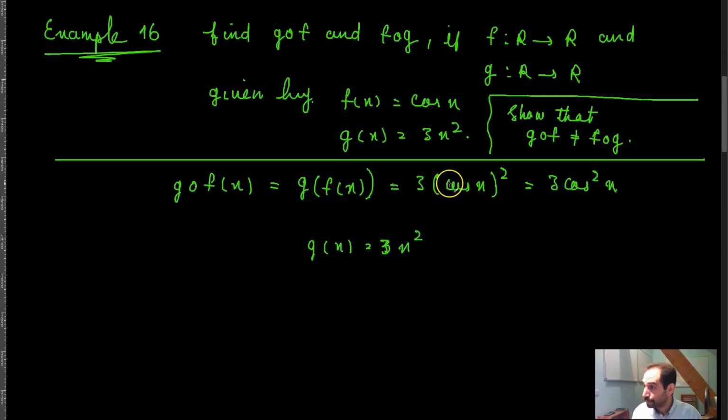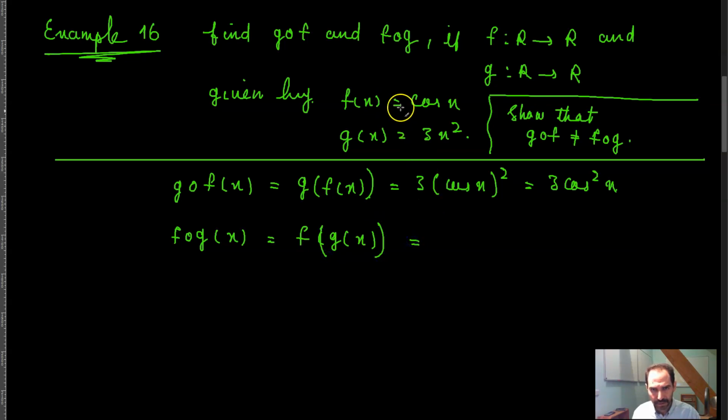And then the function f of g of x, or FOG of x, is equal to f of g of x, right? The function f of x is equal to cos x.